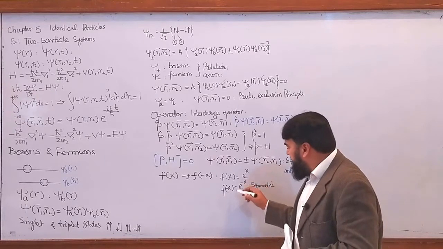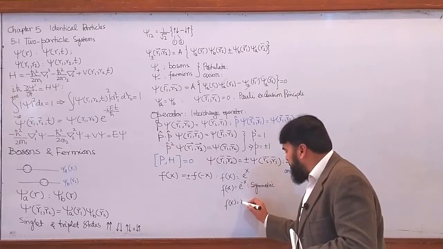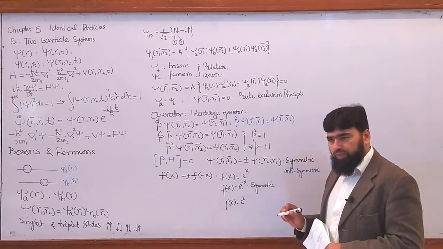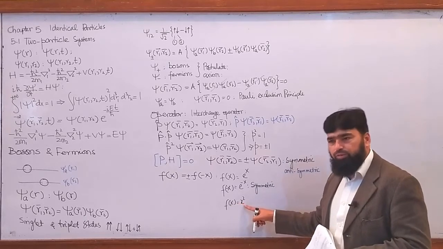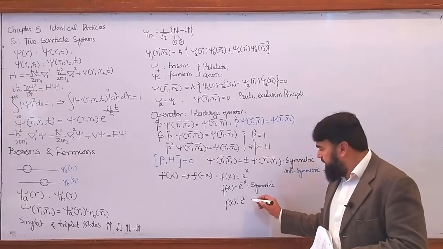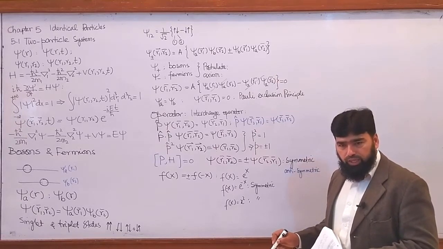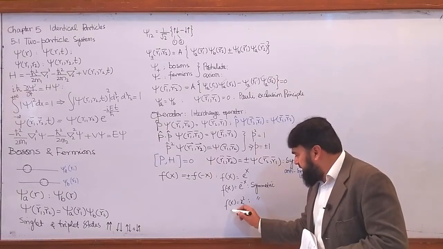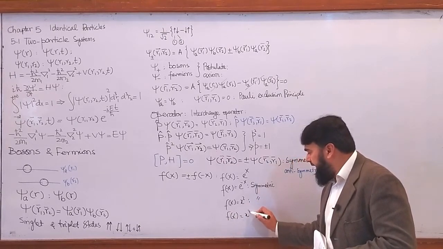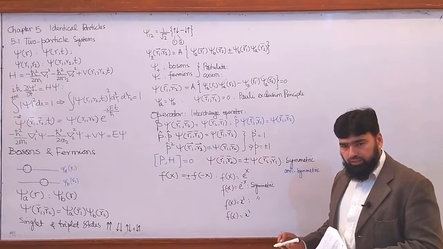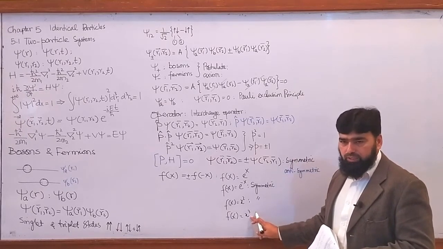And when, let's say, f of x is equal to x squared, if I change x with minus x, I will have the same function. So this is also a symmetric function. And when f of x is equal to, let's say, x cubed, an odd function, odd functions are antisymmetric.